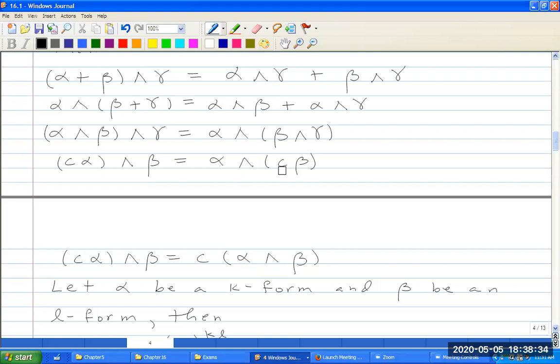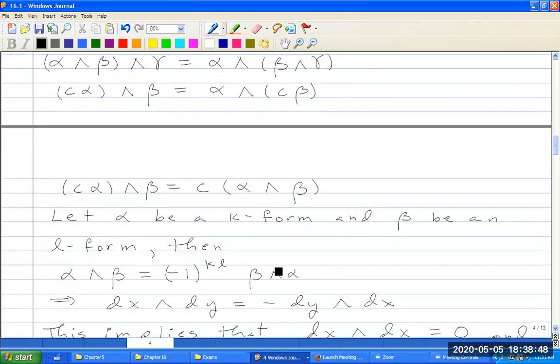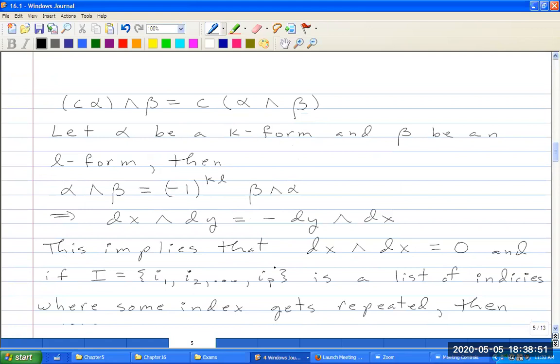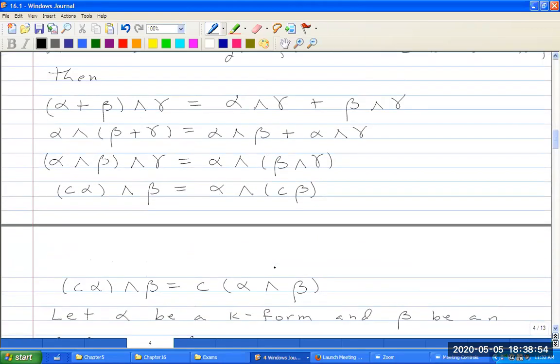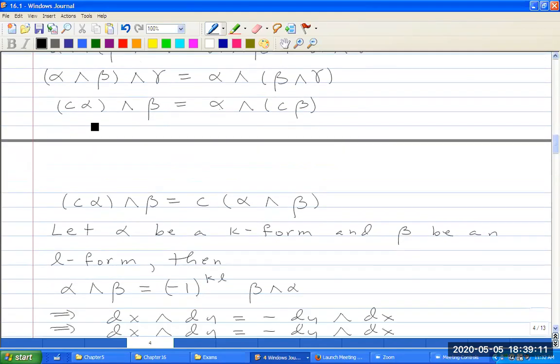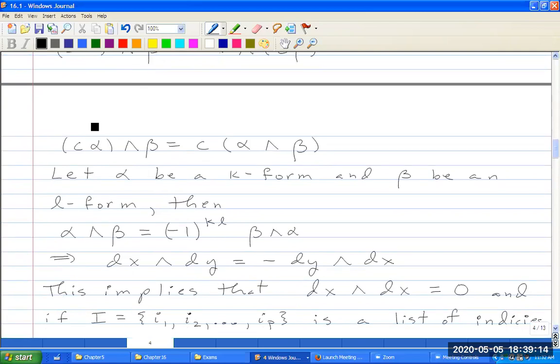So if you have any constant, any zero form, you can just bring it out in front of this wedge product. So basically this says that with wedge products, you do what you normally think you should do with a product. The wedge product acts like a product. These properties, very important, are very understandable.